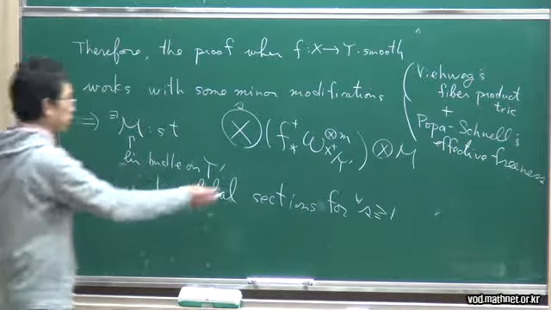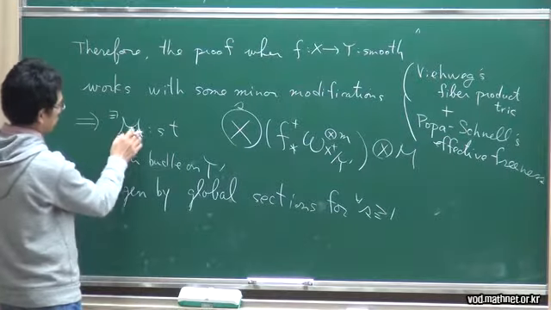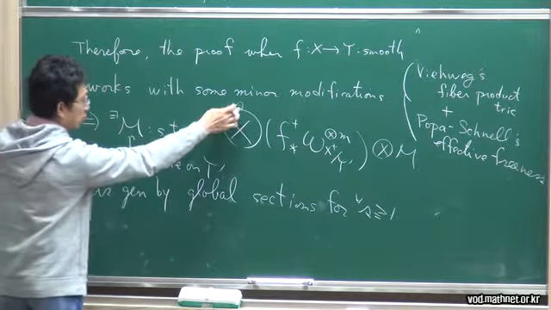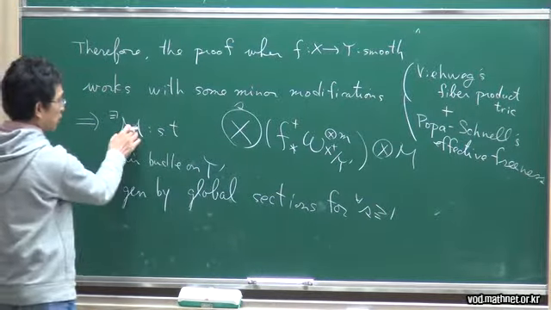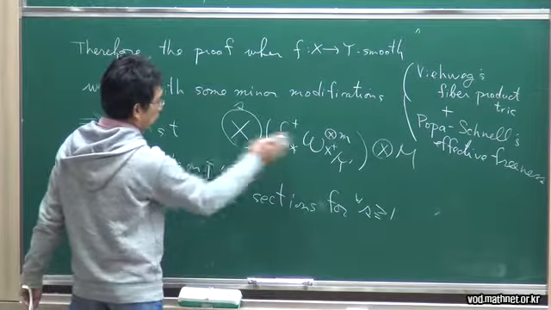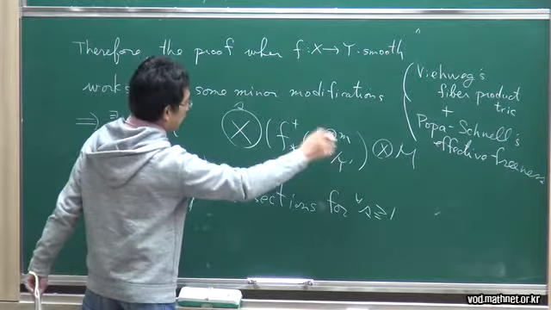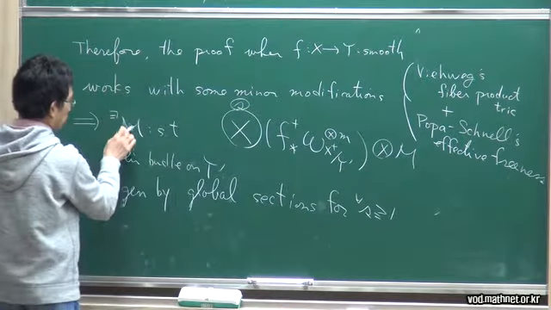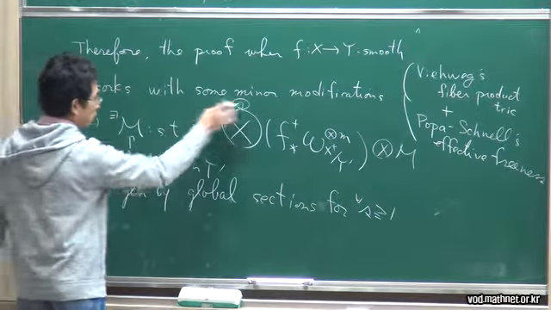Of course, first we fix M, and then we can choose M, which is independent of S. Of course, this M depends on this small m, but here we fix this M, and the key point is this M is independent of this S.